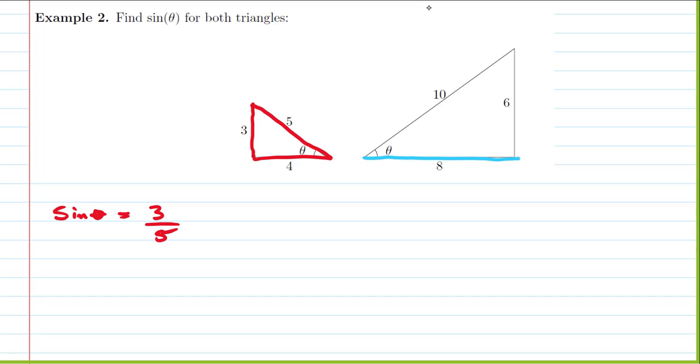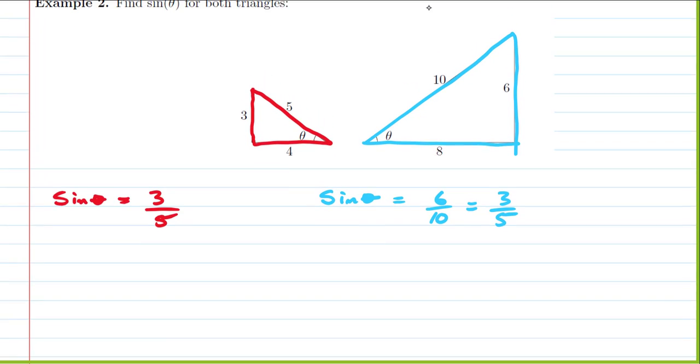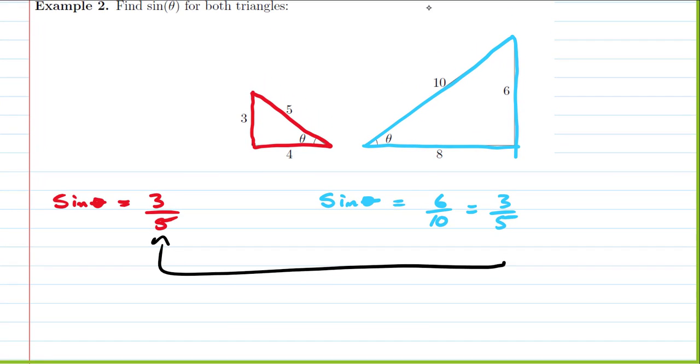And if we take a look at our bigger triangle, that's this guy, and we take the sine of theta, we're going to have our opposite, which is 6 over our hypotenuse, which is 10. But 6/10 reduces to 3 over 5. So we're going to notice that these two values are the same. But the real question is, well, why did they work out to be the same?